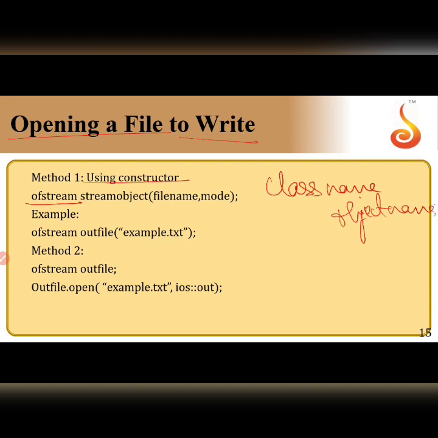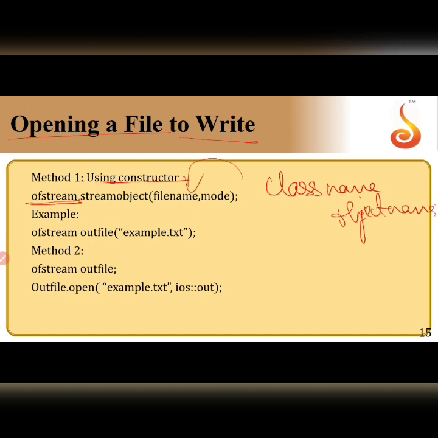Here also I am going to do the same, but implicitly. While creating the object, I will pass the file name as an argument to the constructor. That is ofstream, stream object and the file name, whichever file I want to open for writing. Getting it?